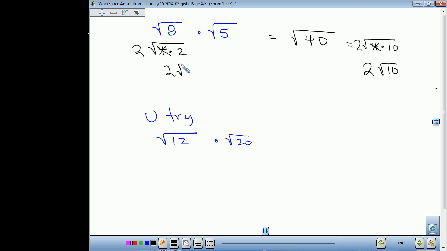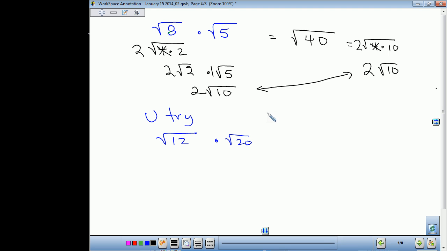So this is 2 roots of 2 times the square root of 5. Well, this is understood to be how many square roots of 5? 1. So I'd say 2 times 1 is 2. And the square root of 2 times the square root of 5 is the square root of 10. Did I get the same thing? Yes.